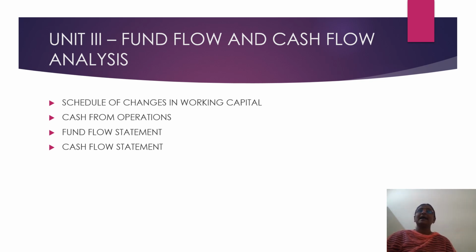And calculation of cash from operations in the cash flow statement will be asked in part B. When you see part C, definitely a fund flow statement sum will be there, where you have to prepare working notes. There you have to prepare different accounts like fixed assets account, machinery account, plant account, to identify whether there is purchase of machinery or sale of plant.